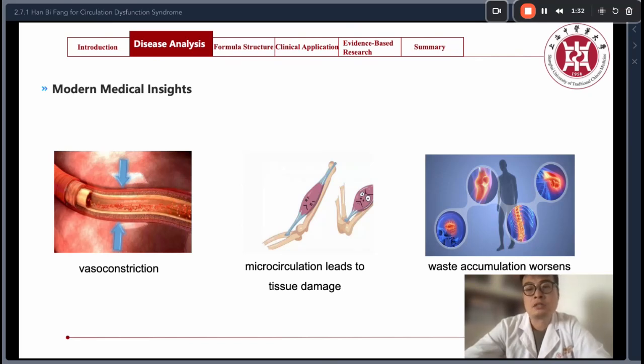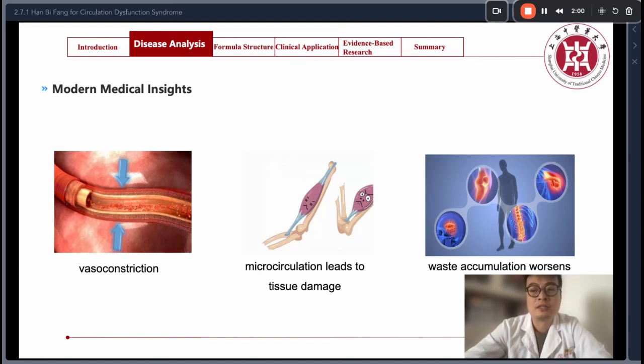How does modern science explain cold B? When the body is exposed to cold for long periods, the blood vessels constrict. This leads to reduced blood flow to the muscles and joints, with less oxygen and nutrition reaching the tissues, while metabolic waste products accumulate, causing pain and stiffness.